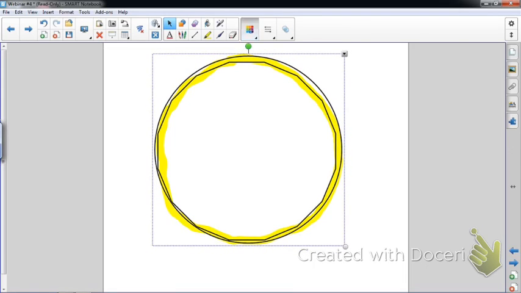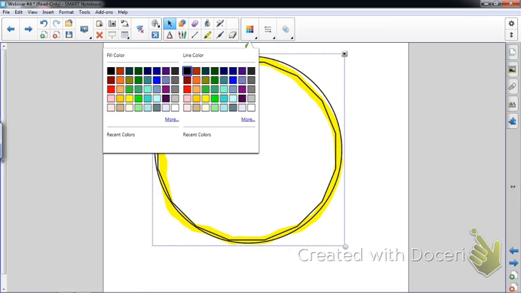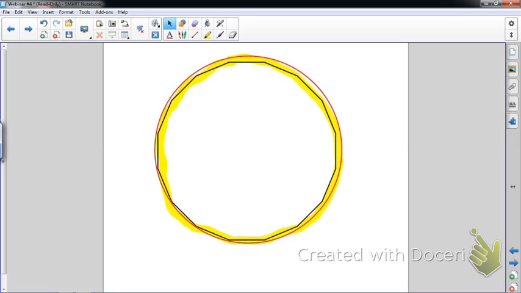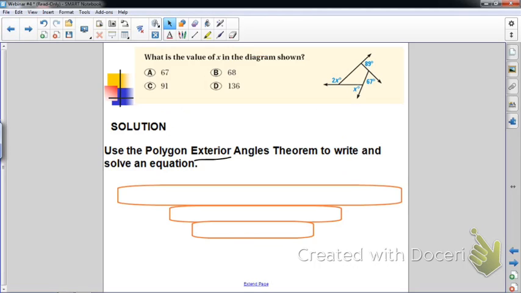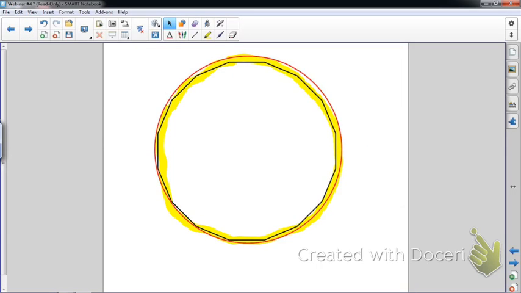Let me change that. Let me see the lines. Let me make it red so that you can see the difference between the polygon that's highlighted in yellow and the circle that is in red. If you look at the circle, we know that the total number of degrees that a circle has is 360 degrees.